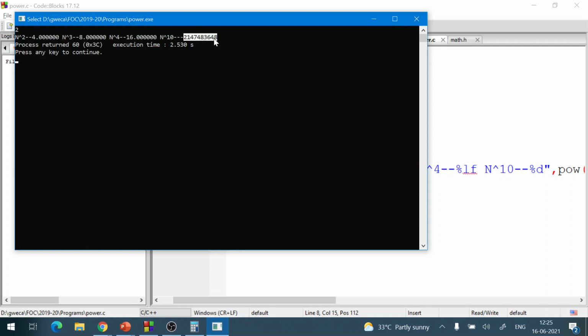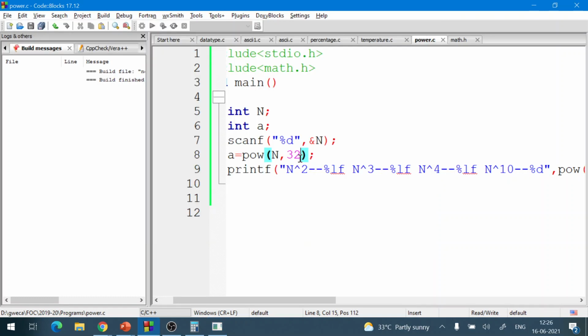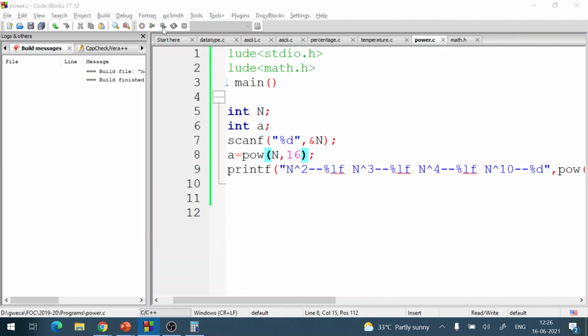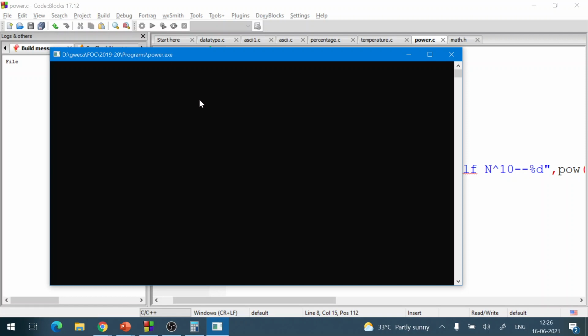Now let us calculate 2 raised to power 16. This would be a familiar number for you, because 2 raised to power 16 is 65536.